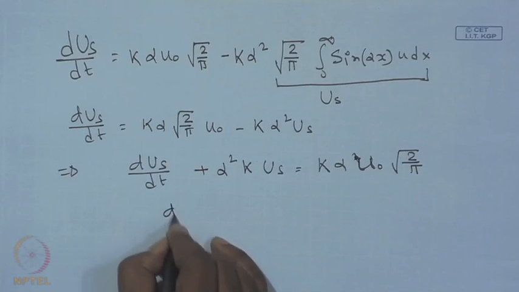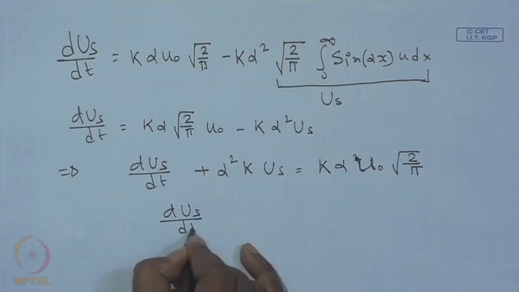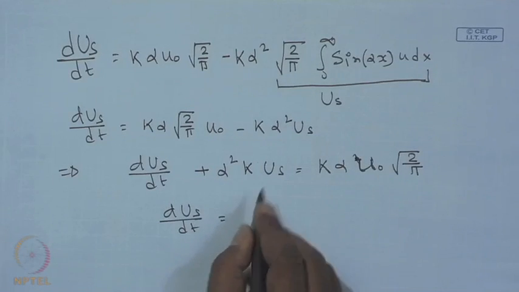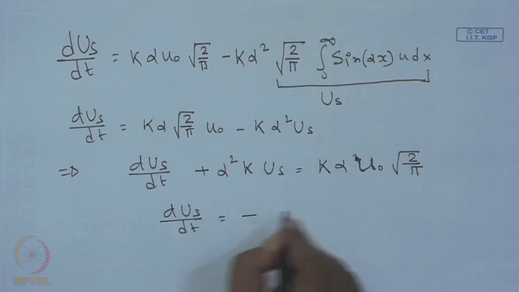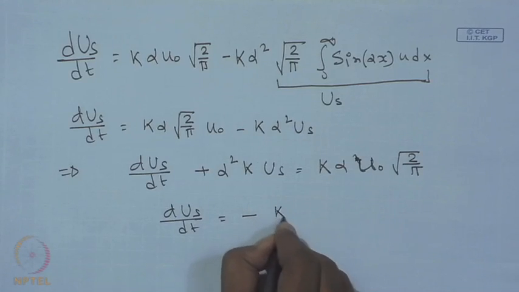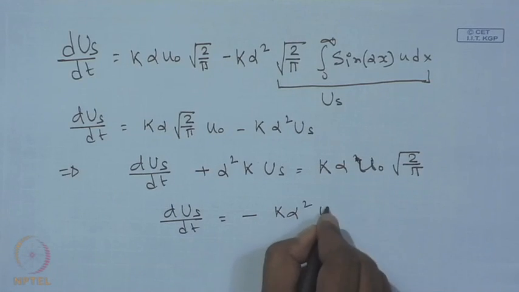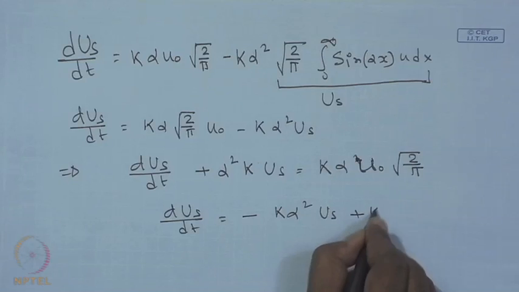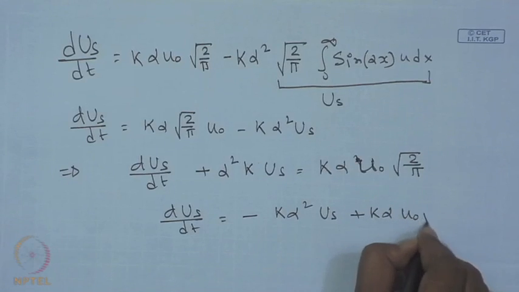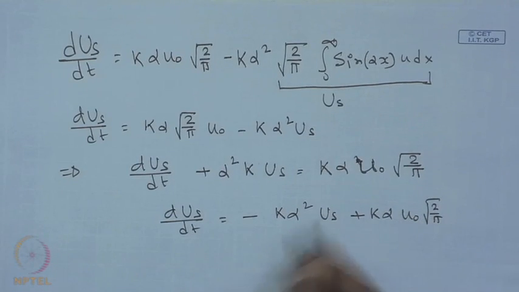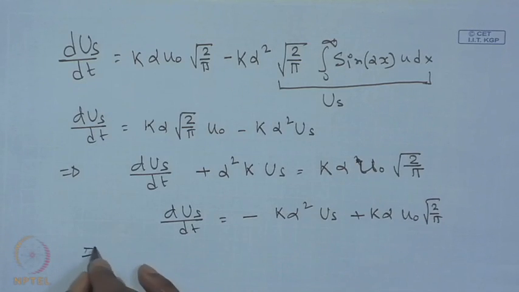So, du_s/dt is equal to minus k alpha square u_s plus k alpha u naught root over 2 by pi. Bring it to the denominator and just integrate it out.